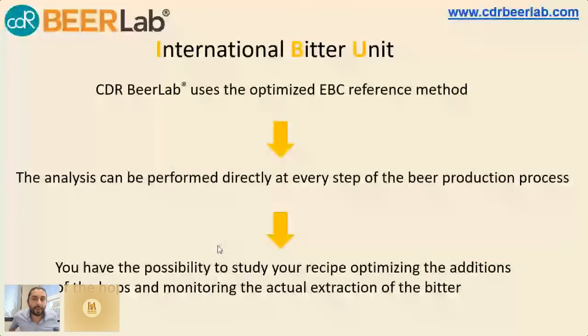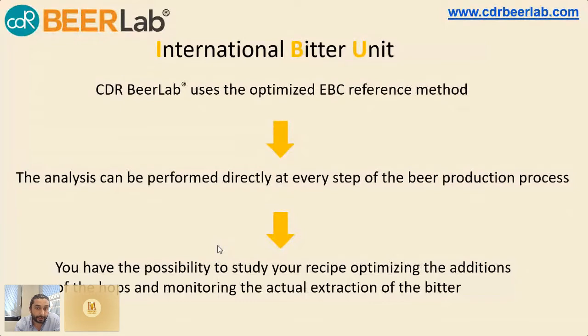Okay, the IBU: in this case, we use practically an optimized reference method. We have a small scale reference method with the BeerLab, so you can easily perform your IBU directly at every step, in order, if you want, to follow the evolution of the bitterness along your beer making process.